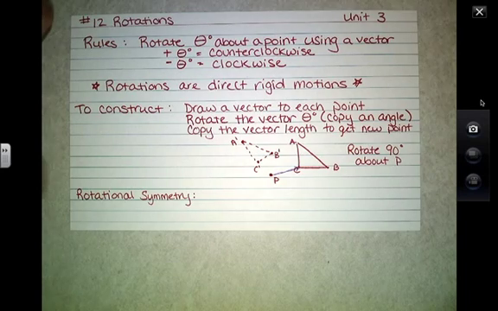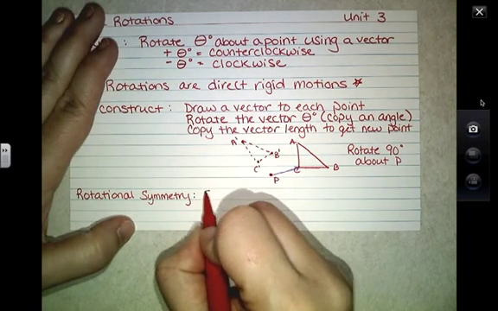Line symmetry is when you get that mirror image, right? Rotational symmetry is if I take a figure and I can rotate it and make it look the same, then it has rotational symmetry. So you're thinking of just turning it, and would it look the same after maybe a 30-degree rotation or a 60-degree rotation or something like that?